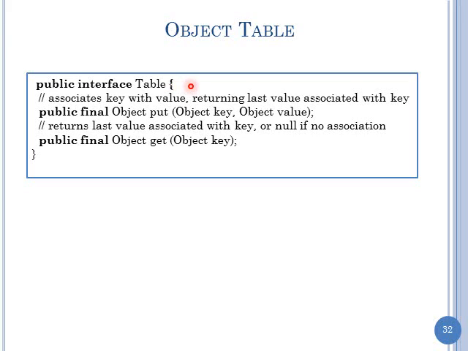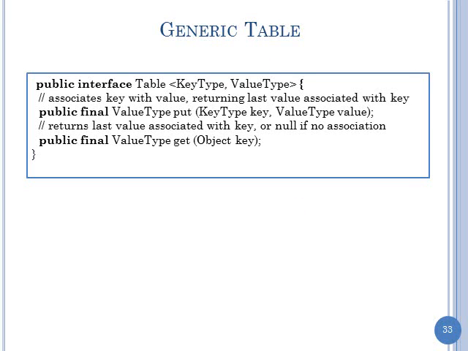So two types, a bold new step here from one type to two types. So key type, value type, and I've got key type key, value type value, and my get takes a key type and returns a value type. So I've got a generic table.